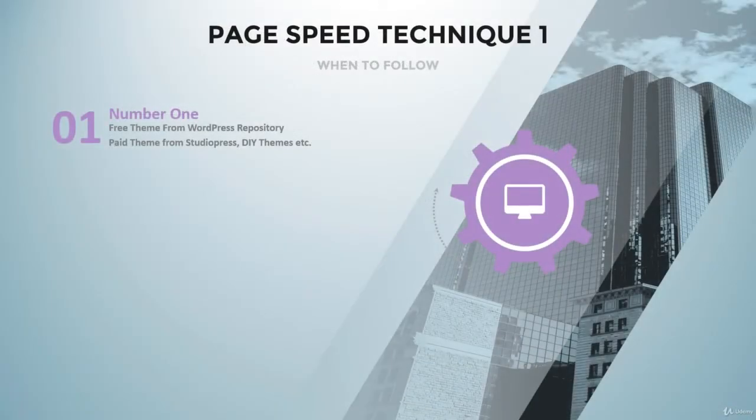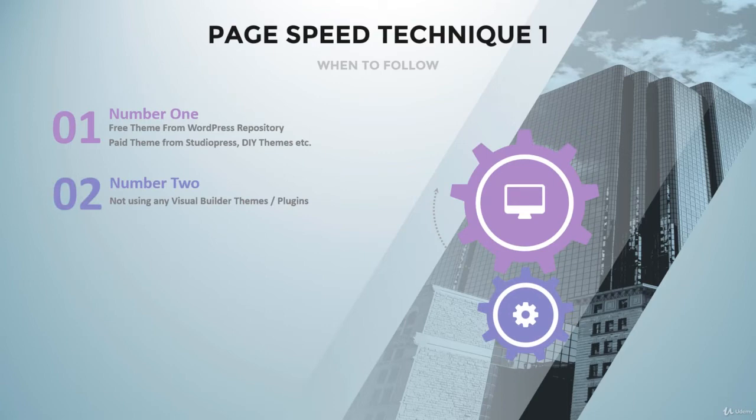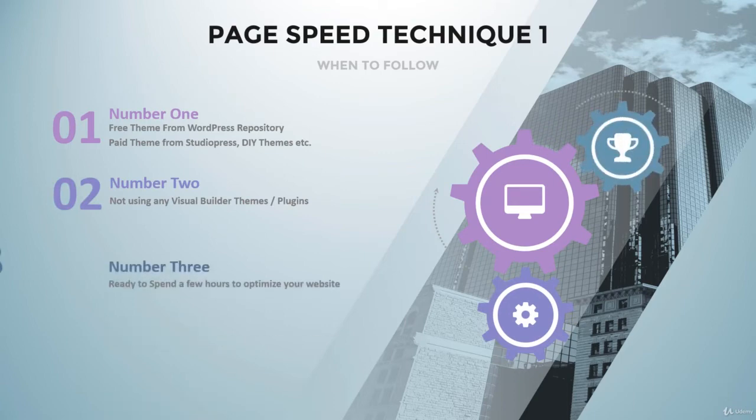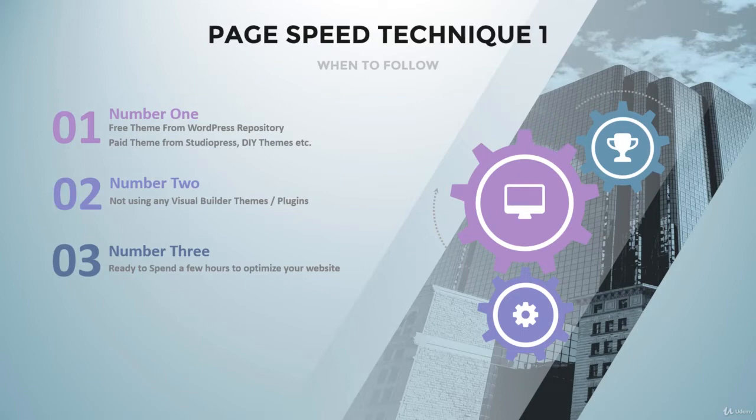If you're not using any Visual Builder or drag and drop building plugins, and if you're ready to spend a few hours to optimize your website and get a page loading time less than a second and a page speed score above 95% in Google's PageSpeed Insights tool.